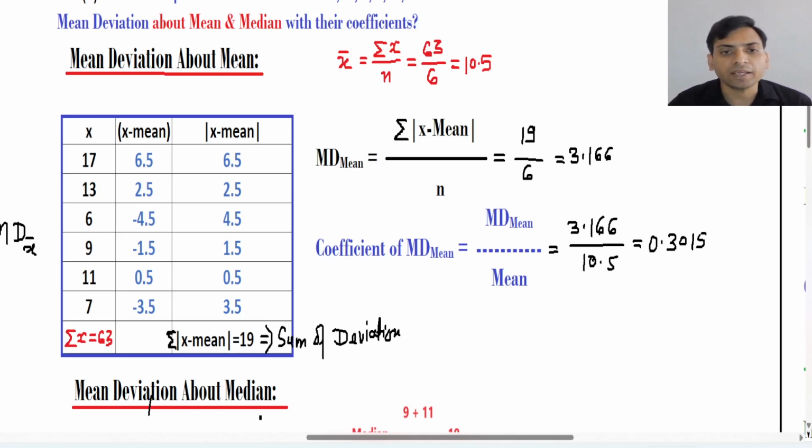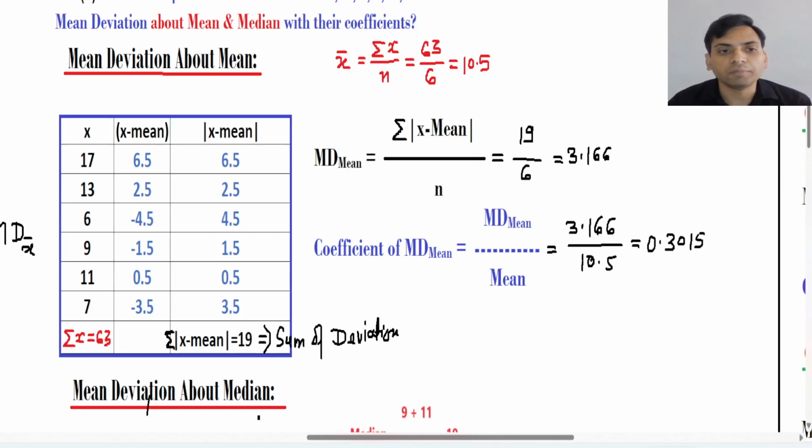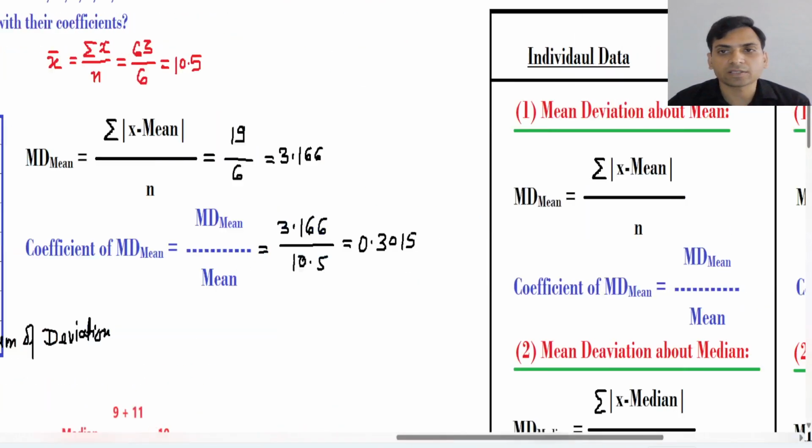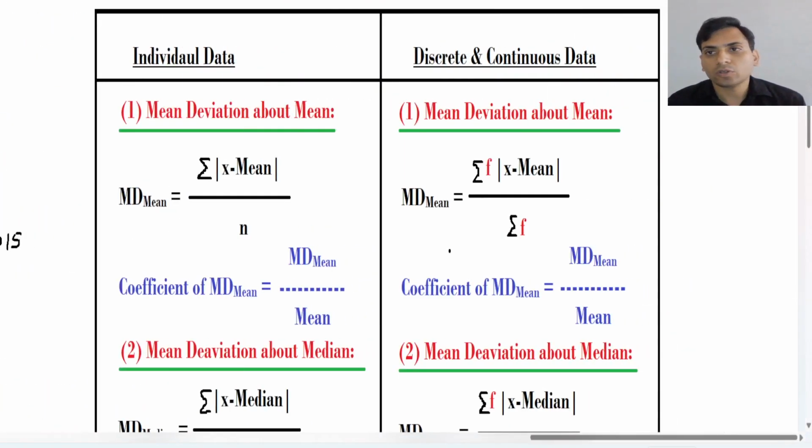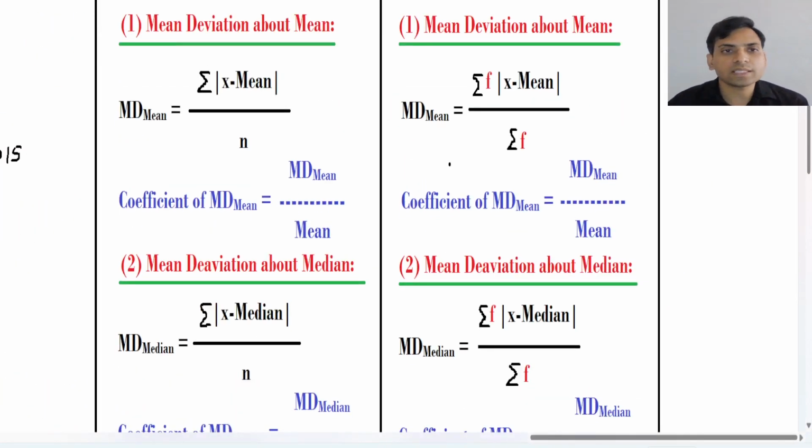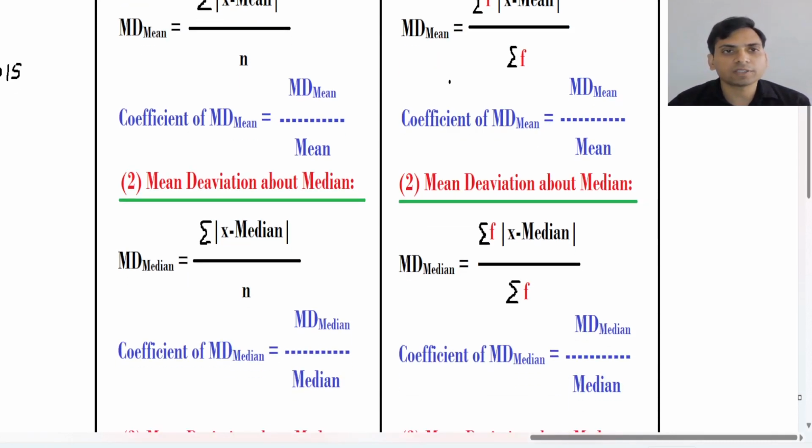Now we will see the other formulae for mean deviation about median and others. This is the main formula of mean deviation about mean for individual data, when we have only x in the data, and this is the coefficient of mean deviation. To find mean deviation about median for individual data, we simply replace mean by median.